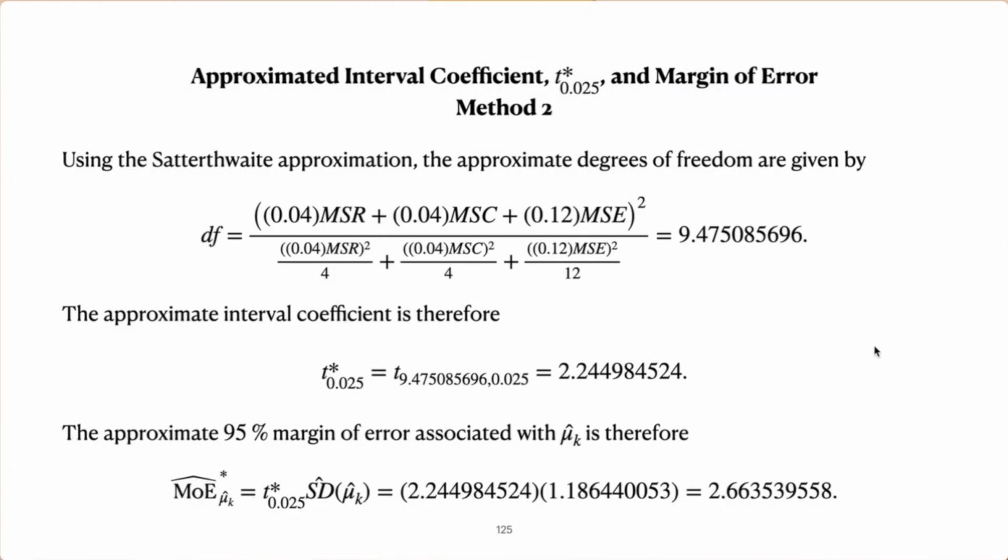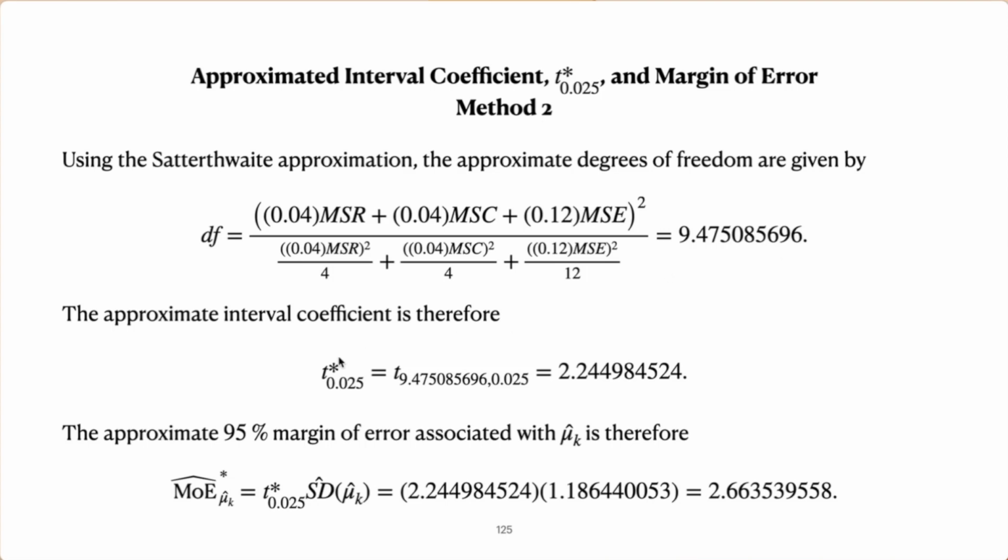Now, using Satterthwaite's approximation method 2, what we do is we approximate the degrees of freedom, and then once we have that, we look up a t-value corresponding to those degrees of freedom. And so here is the formula for the approximate number of degrees of freedom. Turns out to be 9.475085696.